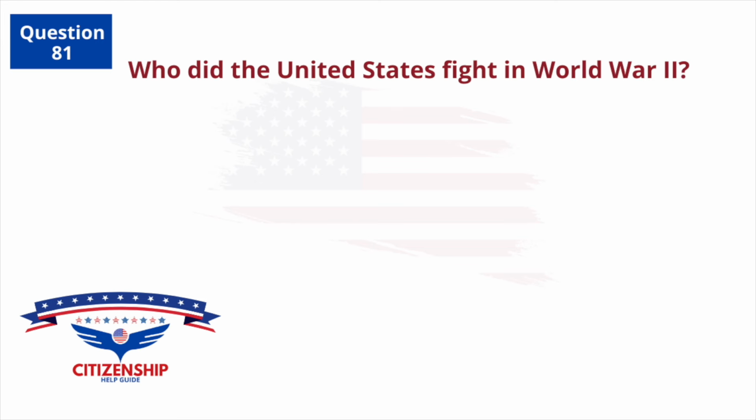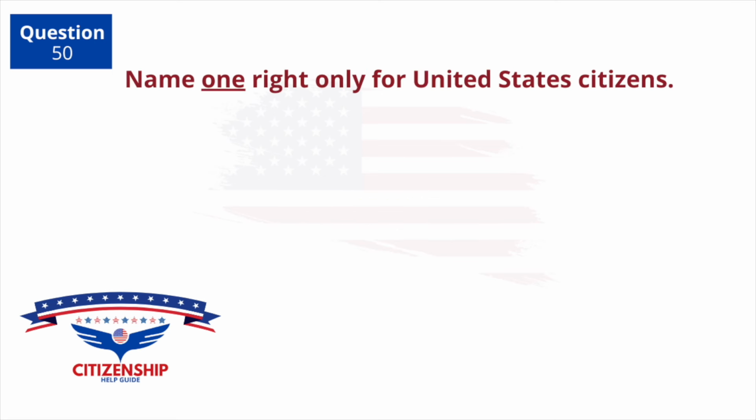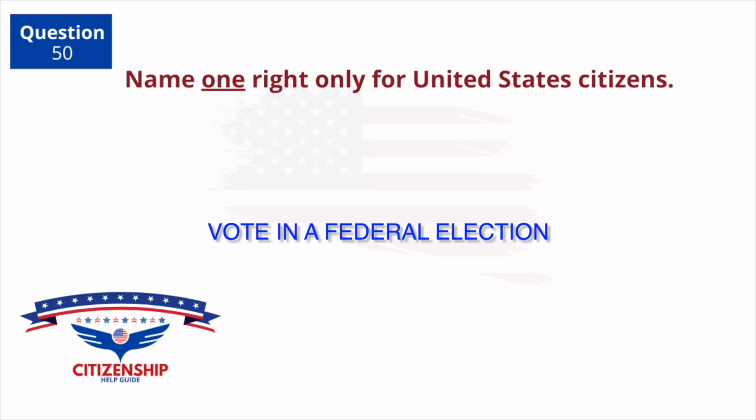Who did the United States fight in World War II? Japan, Germany, and Italy. Name one right only for United States citizens. Vote in a federal election.